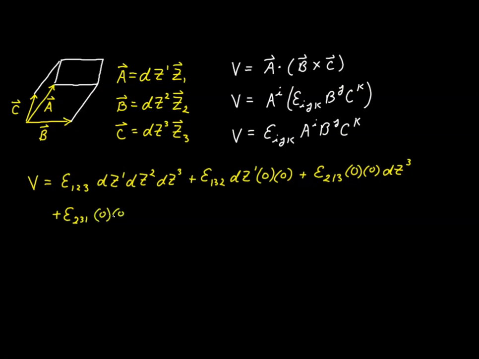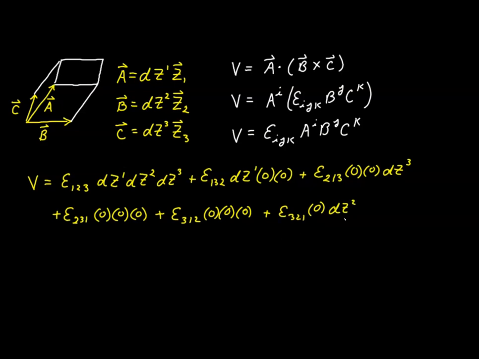B3 is 0. And C1 is 0. The next permutation is going to be epsilon 3, 1, 2. And A3 is 0. B1 is 0. And C2 is 0. And the final permutation is epsilon 3, 2, 1. A3 is equal to 0. B2 is equal to dz2. And C1 is 0.